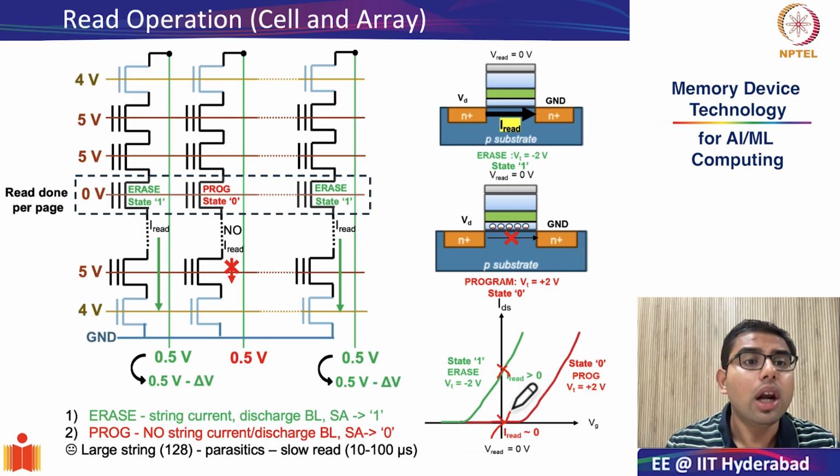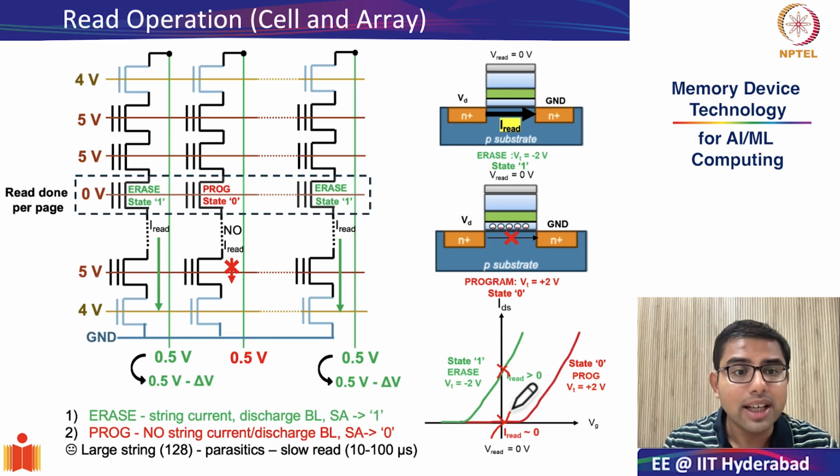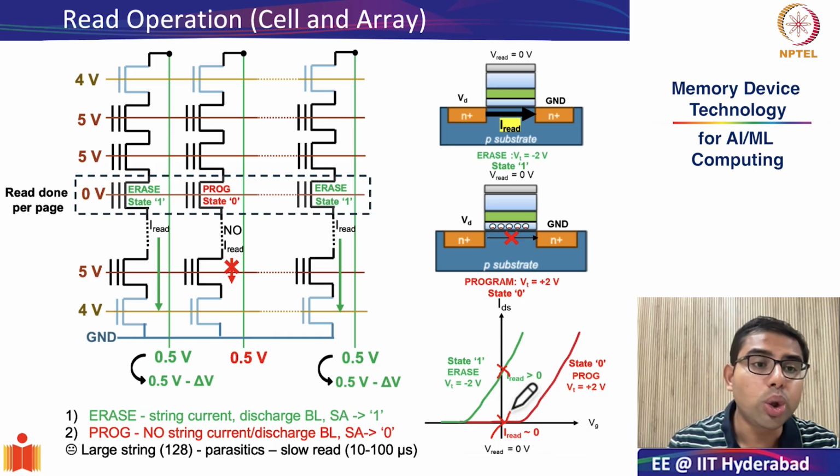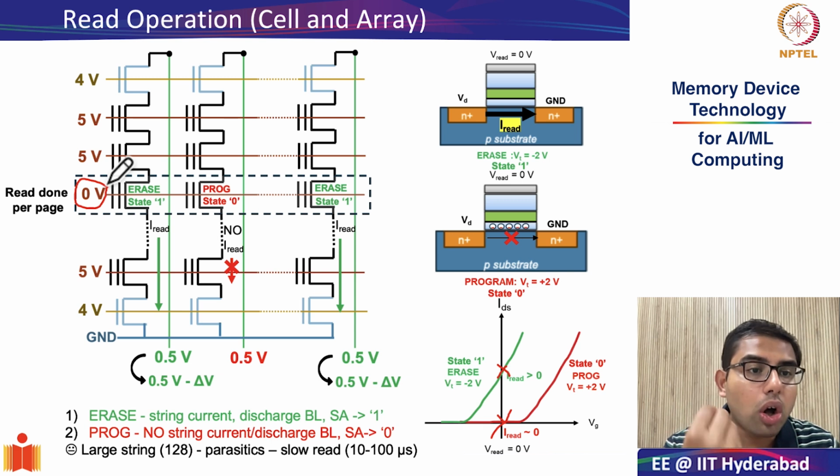At the array level, in addition to applying the read voltage for the page of interest, remember, just like the program operation, the read operation is also done at the page level. So you apply the read voltage at the page of your interest.